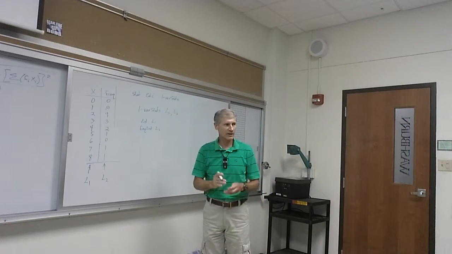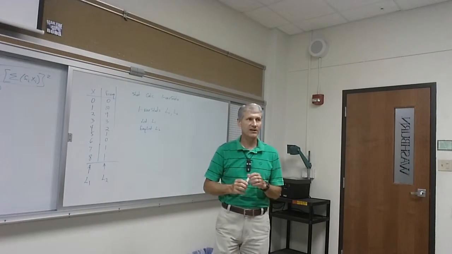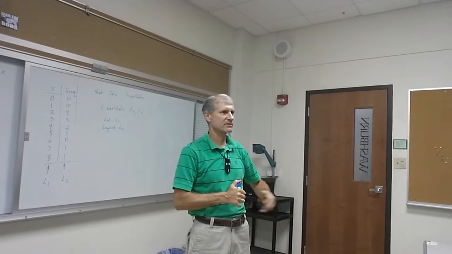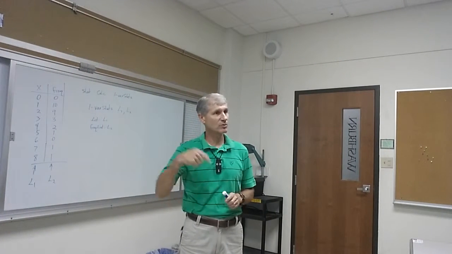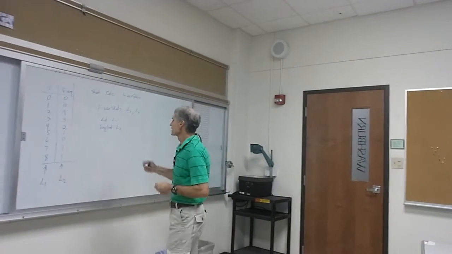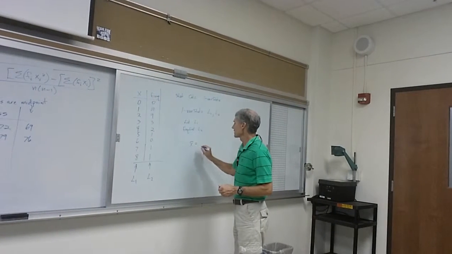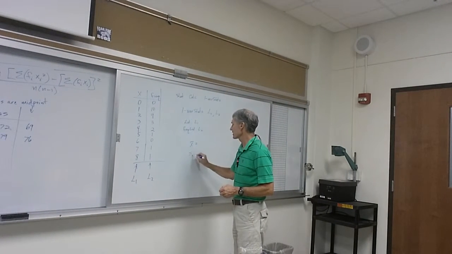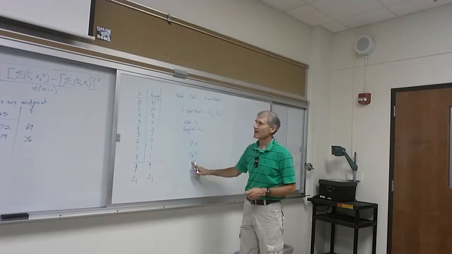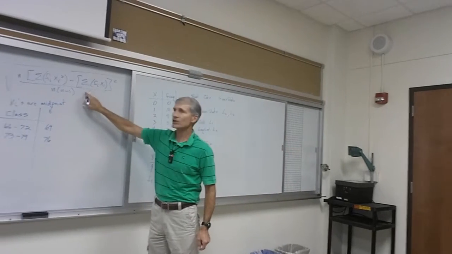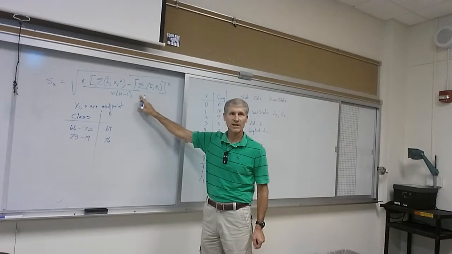So go ahead and do that real quick. You may have that data already in a list from last class, so you don't have to re-enter it. But do the 1 var stats. Tell me what the mean is, and tell me what the standard deviation Sx is. And that's this thing. It's going to use this formula when you have a frequency table.